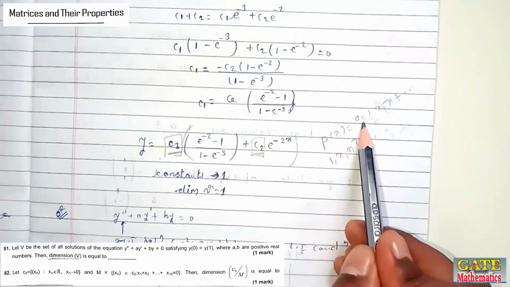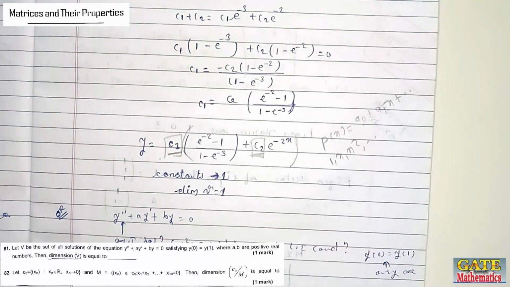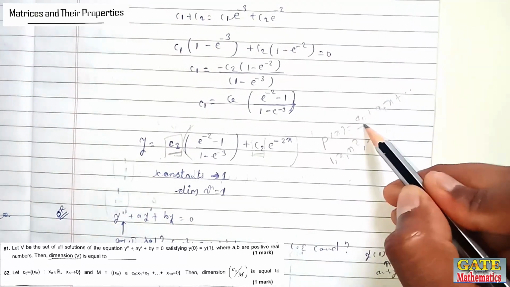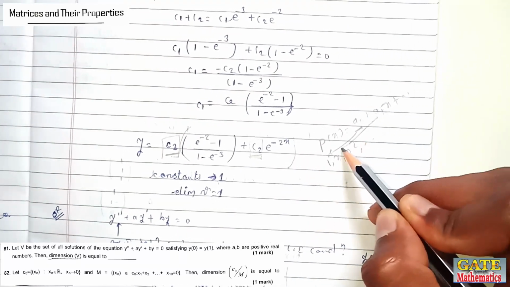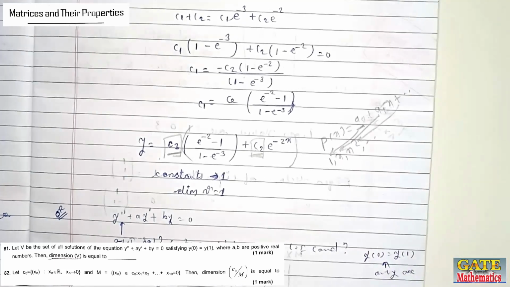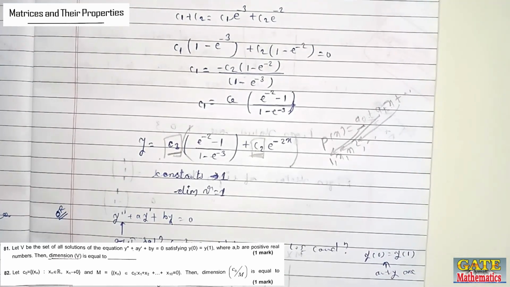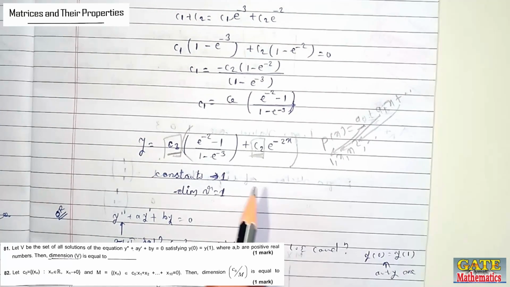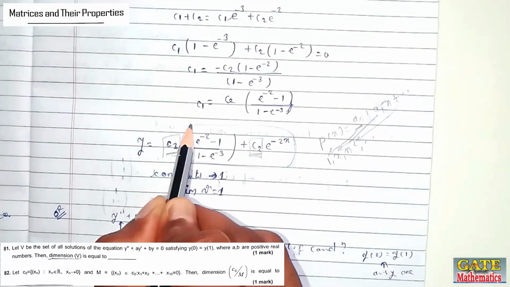Always remember, with respect to one single constant, we get only one basis, and inside this bracket there is only one single basis.